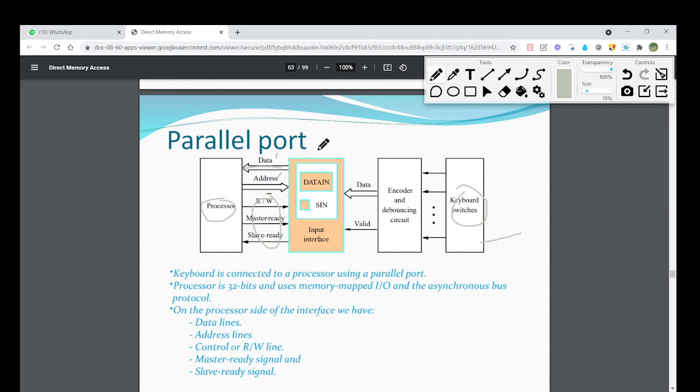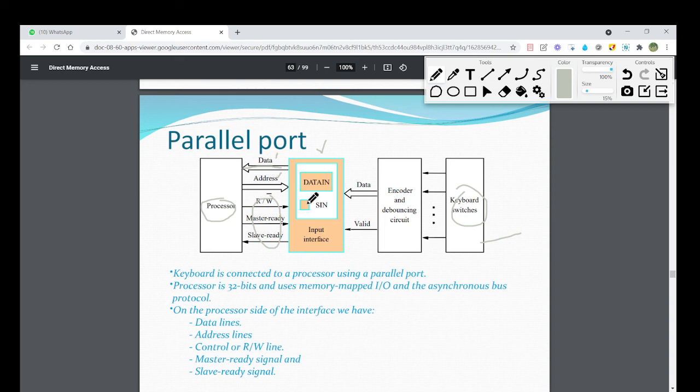This interface circuitry was already seen in short in one of the earlier chapters. We have a buffer, and this is the buffer. Data in is the buffer, and S in gives us the information whether there is data which is to be read. If it is already read, it is in one state.